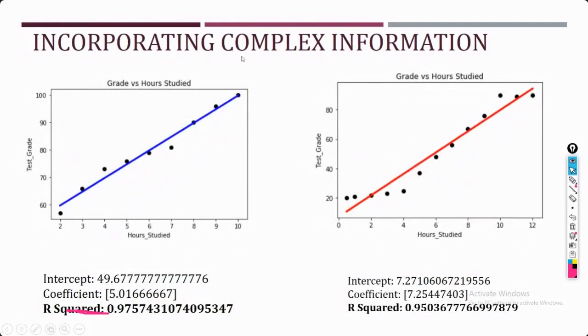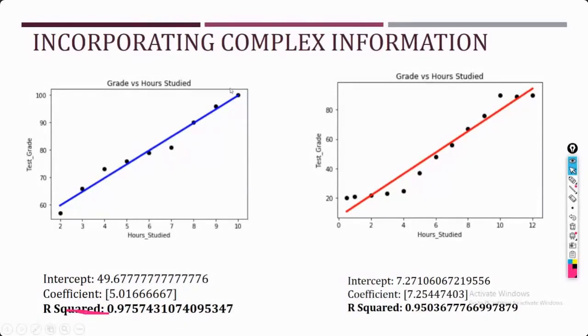Now again the same example, continuing with this. Suppose you have a data set related to students, where x represents the hours of study and this is the grade the student is getting.